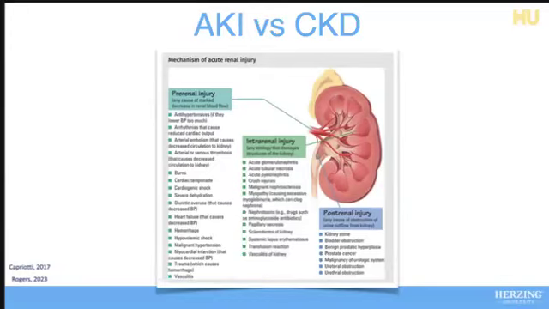What that means is somebody with chronic kidney disease has a baseline with the GFR and their creatinine levels, but they can actually have acute kidney injury on top of chronic kidney disease. Therefore, our goal is to get them back to their baseline, which may still be at that chronic kidney disease level, but we definitely don't want it to worsen their chronic kidney disease.